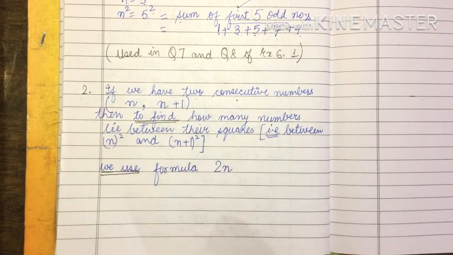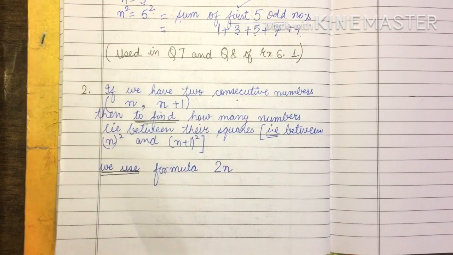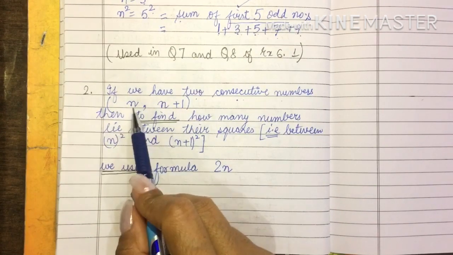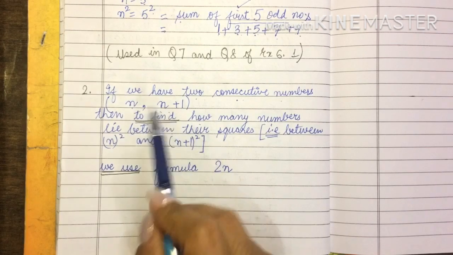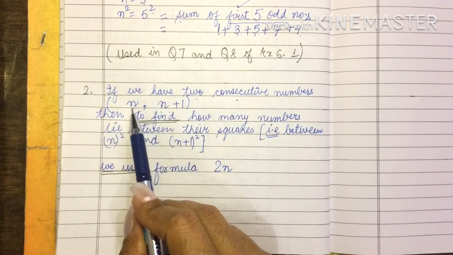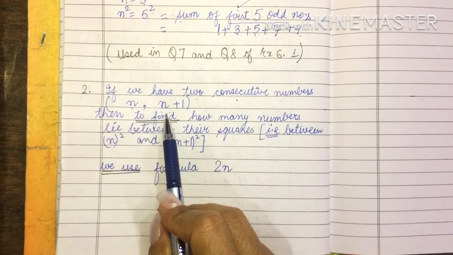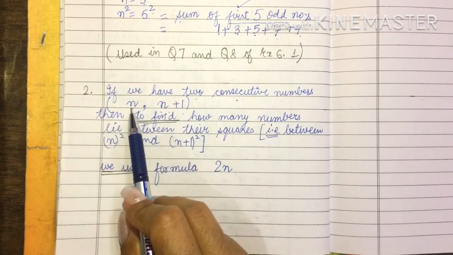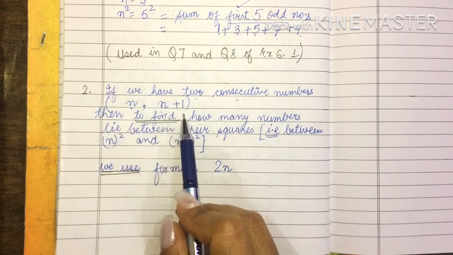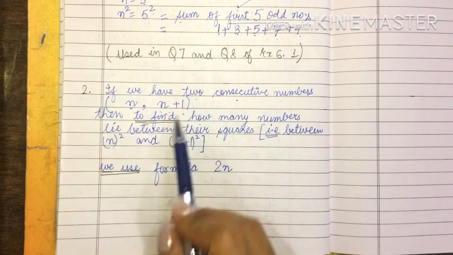You can take as many as you want, but for this property we need 2. So I am representing them as variables. If the first number is represented by n, the next one will be n plus 1, because counting increases by 1. If n is 2, n plus 1 will be 3.